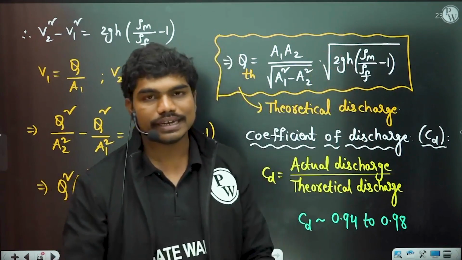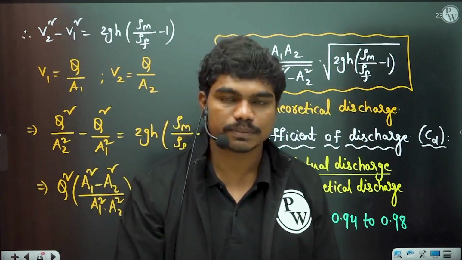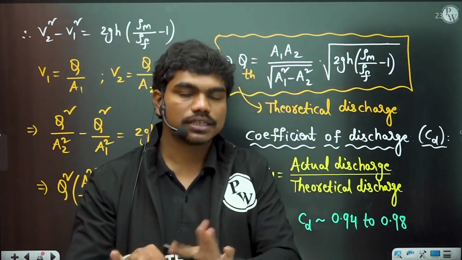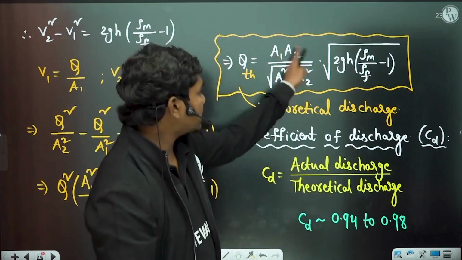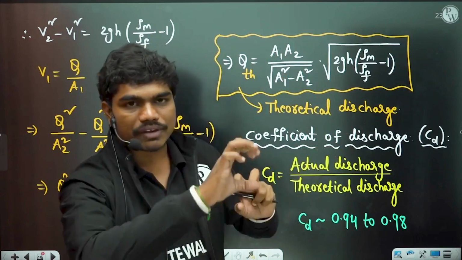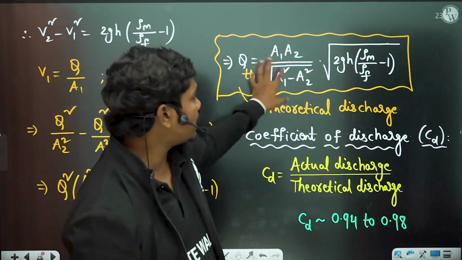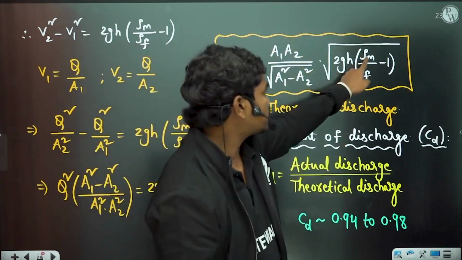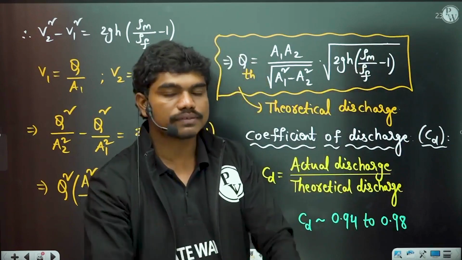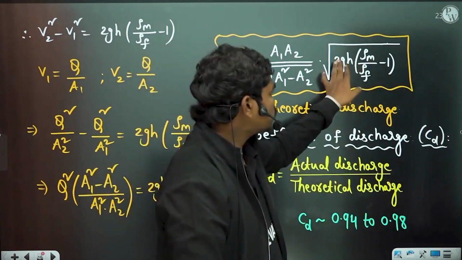Normally in labs, when we were doing experiments in IIT Madras or somewhere, we used to generate an Excel sheet such that all this data is constant for a given setup. If you have a pipeline and a Venturi meter fixed, then A1, A2 are fixed values. The manometric fluid is also fixed because you cannot change the manometer every time, and 2g is constant.